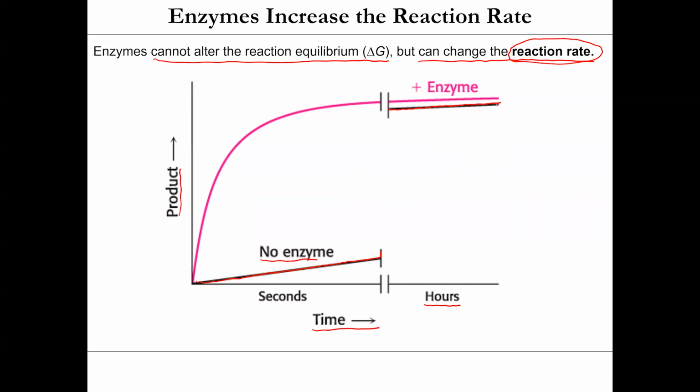They just make it go a lot faster. Now this reaction that would normally take hours to get to this level happens in seconds when you add an enzyme to the system. So enzymes don't alter the reaction equilibrium or the delta G, but they do change the rate of a particular reaction.